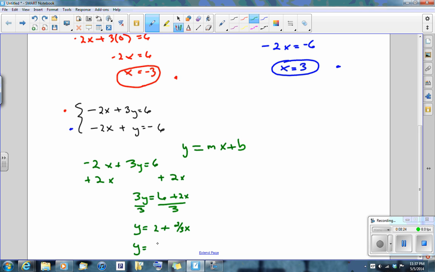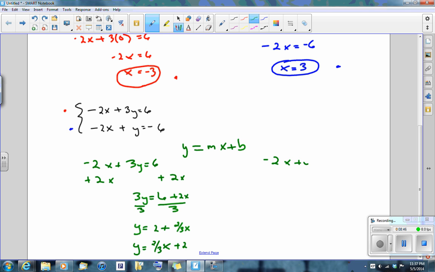If you want to change the position of both these terms, you could flip-flop them. The commutative property, since we're adding, 2/3 x can move to the front and positive 2 can move to the back. So now it's in slope-intercept form perfectly.